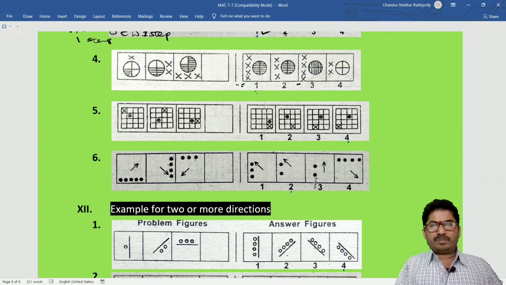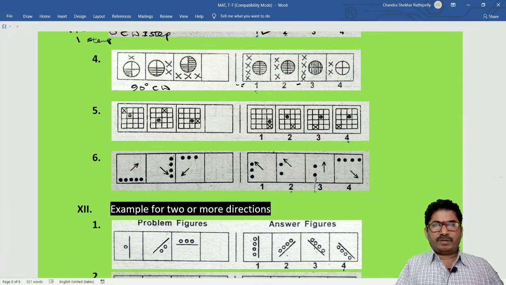Here to here came a 90-degree angle clockwise, so here next will come. So 1, 3, the two options are the same, only the cross marks.